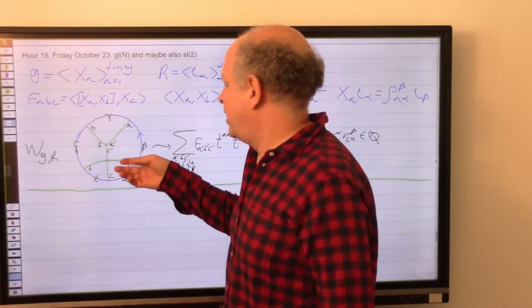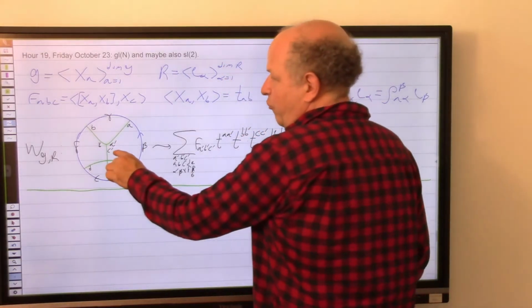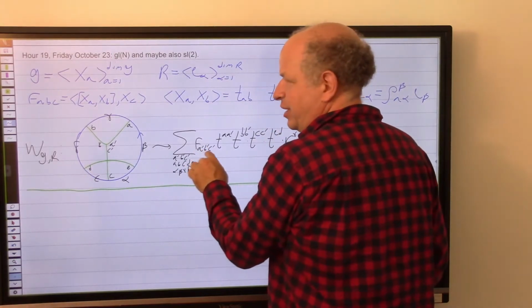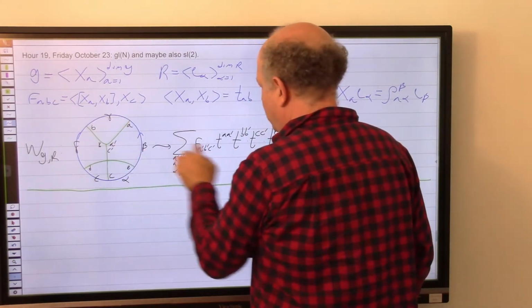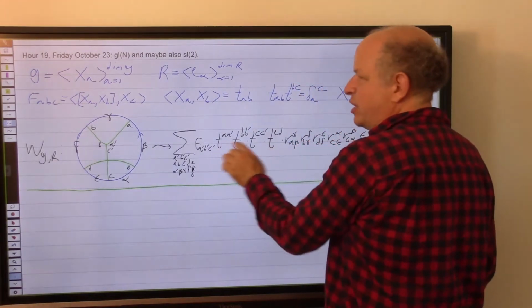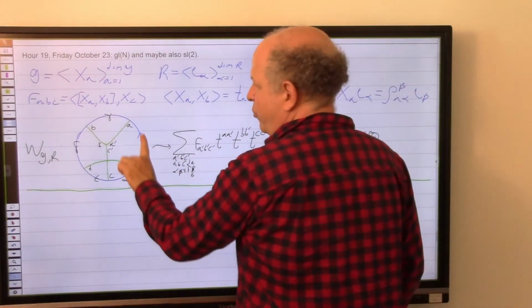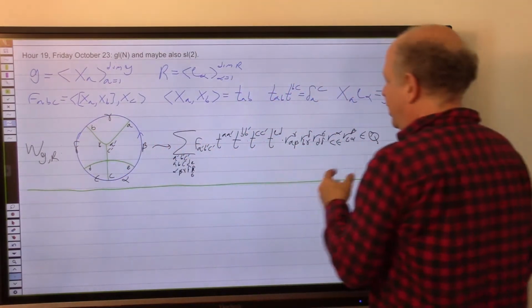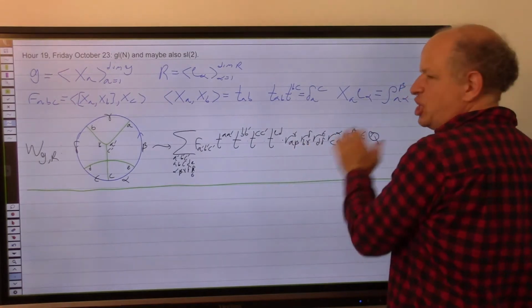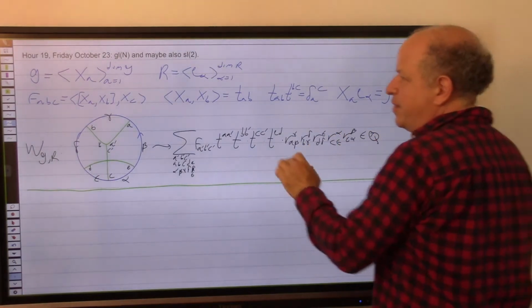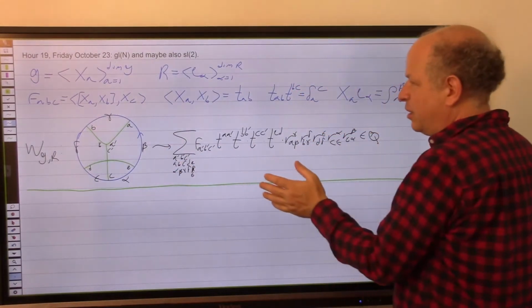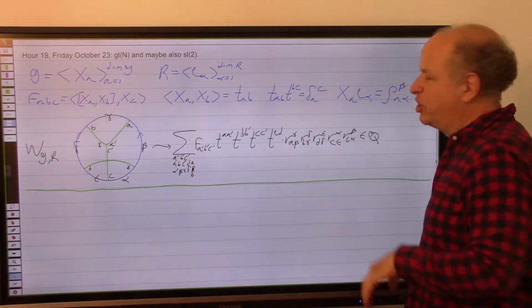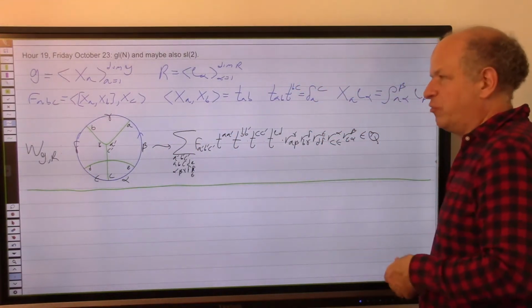So basically what you do is for any inner vertex, you put a copy of the structure constants. For every edge, you put a copy of the inverse metric. And for every vertex on the skeleton, you put a copy of the representation tensor, and then you sum over everything, and every index appears twice, once as an upper index, once as a lower index, so the result is independent of the choice of basis.